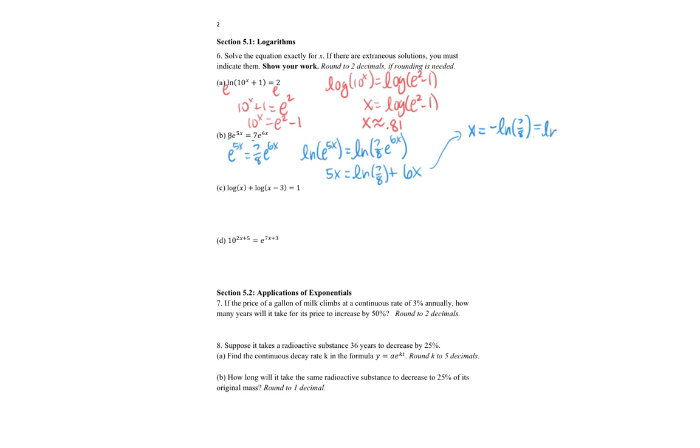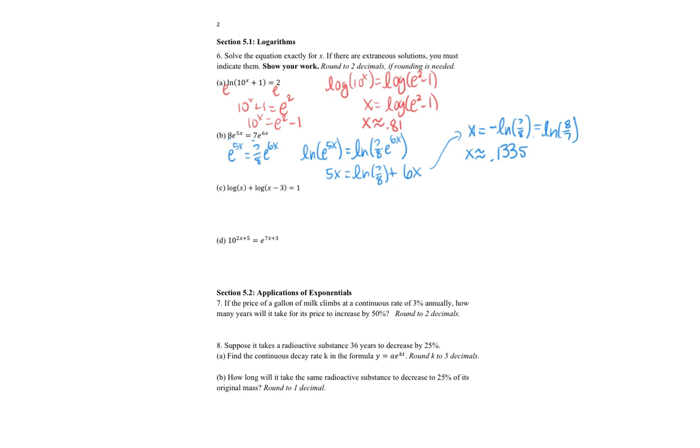So whichever way you got, negative natural log of 7/8, same thing as natural log of 8/7. And you can plug both in your calculator and see that they give you the same value. The rounded for that, if I do natural log of 8/7, that gives me 0.1335.